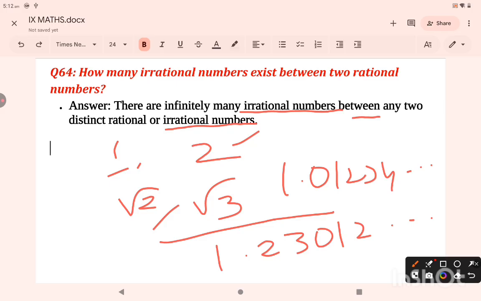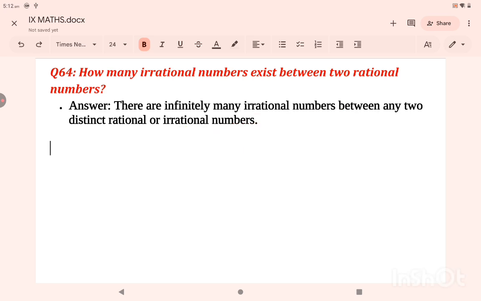That means the number of irrational numbers in between both rationals and irrationals is infinity.